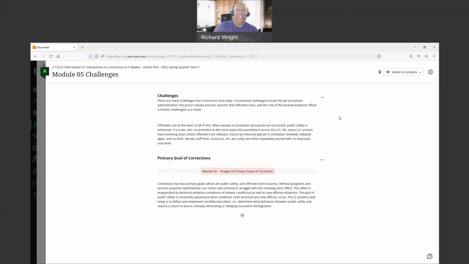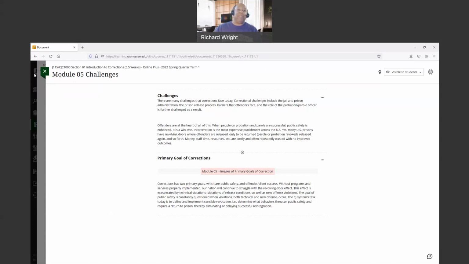And what it does then is it slows down the process of what we call reintegration. Reintegration involves re-entering the community and providing the individual with the tools and things that are necessary to help those individuals to matriculate in their lives, to live their lives as responsible citizens, staying out of the criminal justice system as criminals, as repeat offenders.